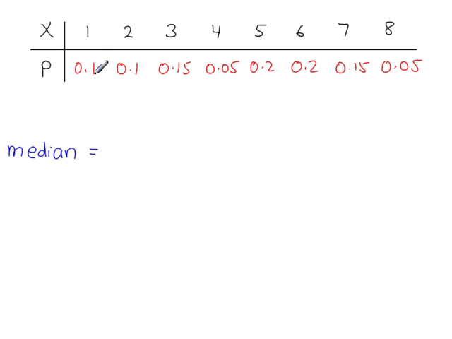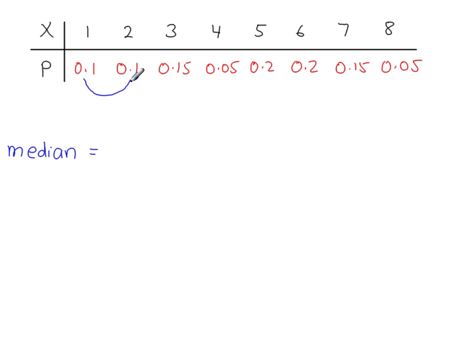To work out the median, start from the left-hand side of your probability table and then work out the cumulative probability. So start adding these probabilities together, and you keep doing this until you reach 0.5 or you pass 0.5, and then you stop.